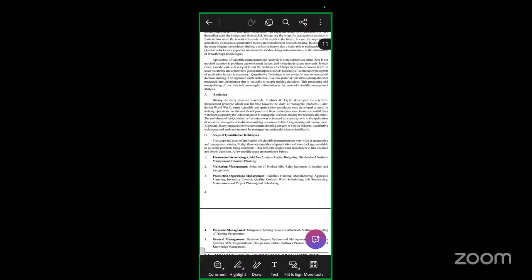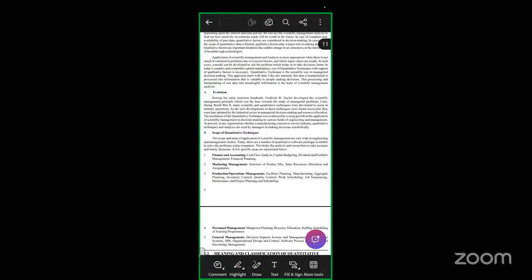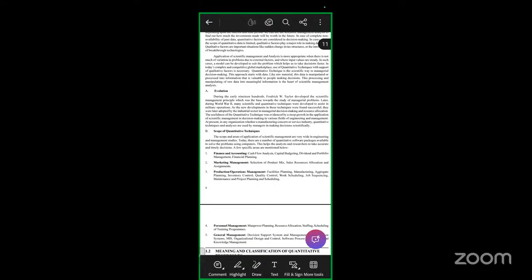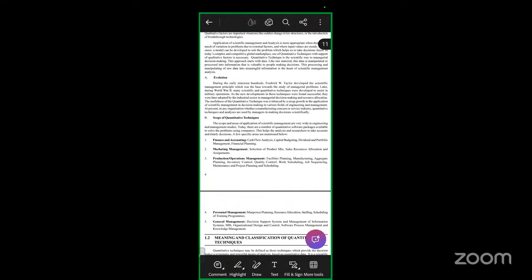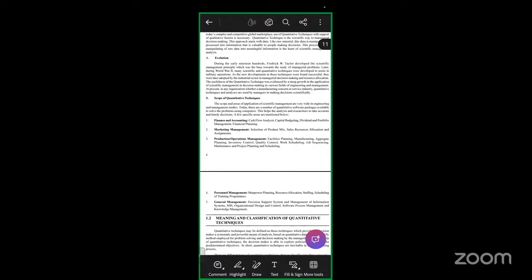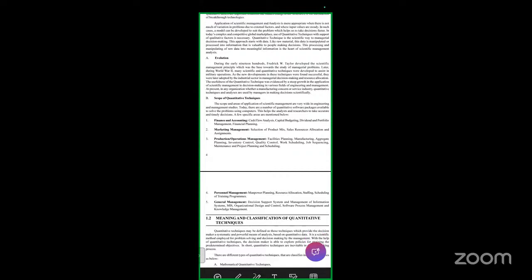Not only that, as a new development in military operations, these techniques were found successful. They were later adapted to the industrial sector, managerial decision making, and resource allocation, in various fields of engineering and management. At present, in organizations, whether manufacturing or service industry, quantitative techniques are analyzed and used in managerial decision making scientifically.